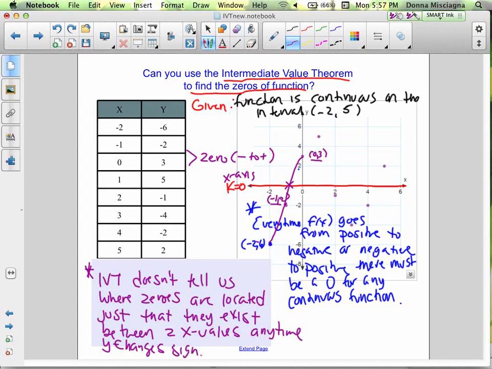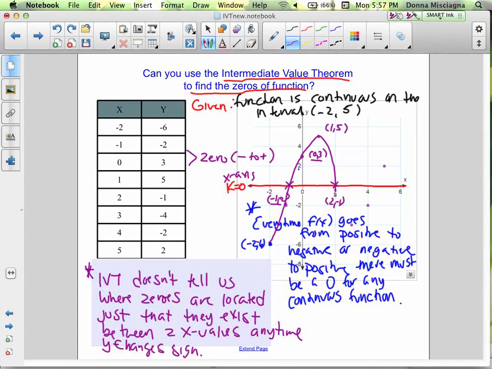All right, so let's see if we can find any more. All right, so now we go from 1 to 5. All right, so that's up here. All right, so no more zeros so far. Then we go to 2, -1. All right, so now I've got to cross it somewhere. I don't know that it's here, but it's somewhere.